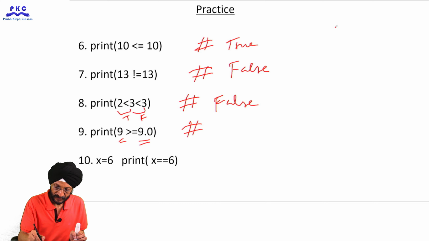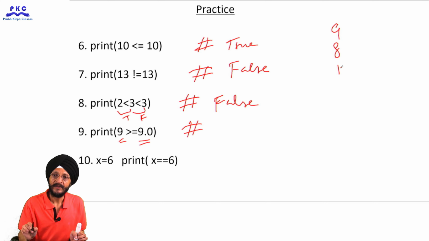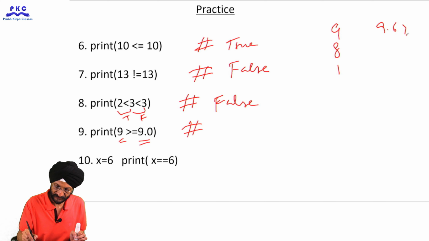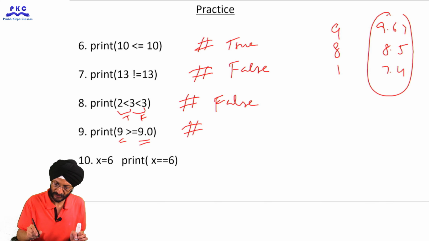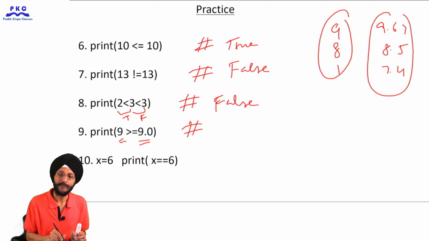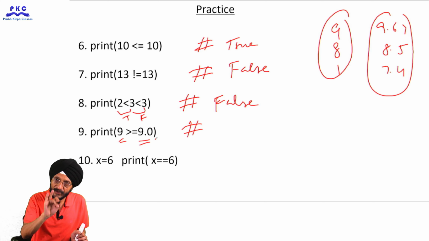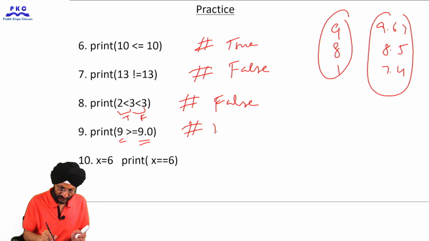If we write 9 or 8, it is an integer. But if we write 9.6, 7.8, 5.7, 4, these are floating numbers. However, the Python interpreter will interpret it as true.